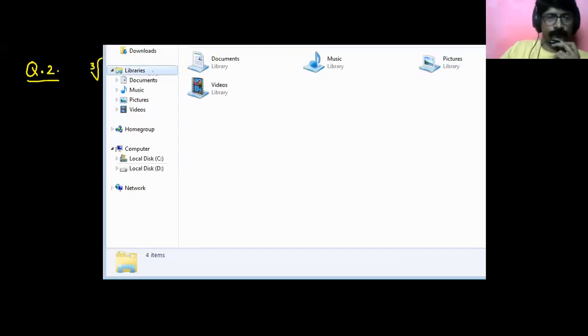Question number 2. Now the question is to find the cube root of two numbers they have given: cube root of 64 into 729. One second, guys. Sorry. 64 into 729. So what you can do, guys, is simply split this into cube root of 64 into cube root of 729.